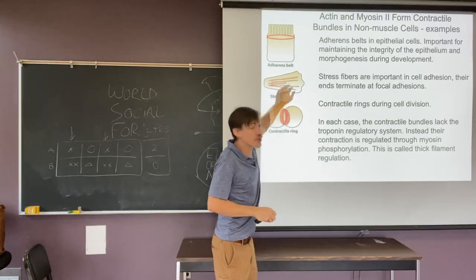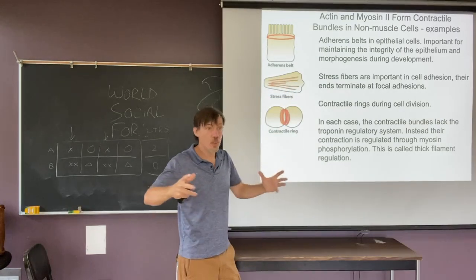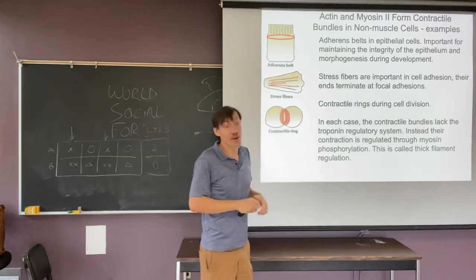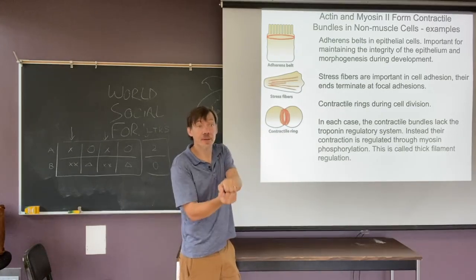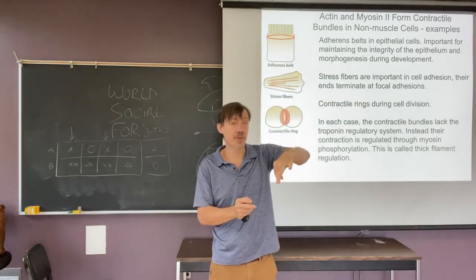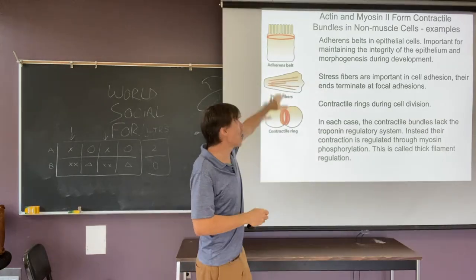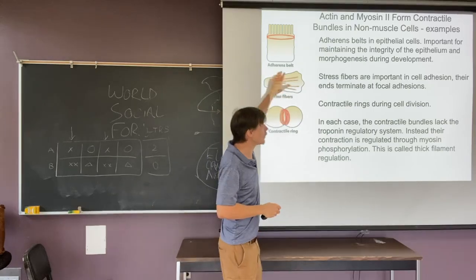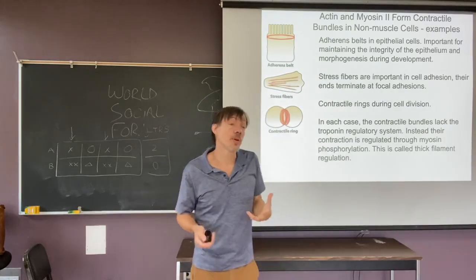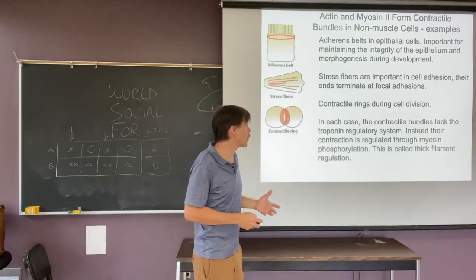In cells, there's stress fibers of actin filaments that once again help hold cells together. And during the process of cytokinesis, myosin and actin work together to make a contractile ring that pinches cells in two. So this non-muscle myosin serves a lot of roles in holding cells together, and in addition, it's really important for cell motility, which we'll get to next year.